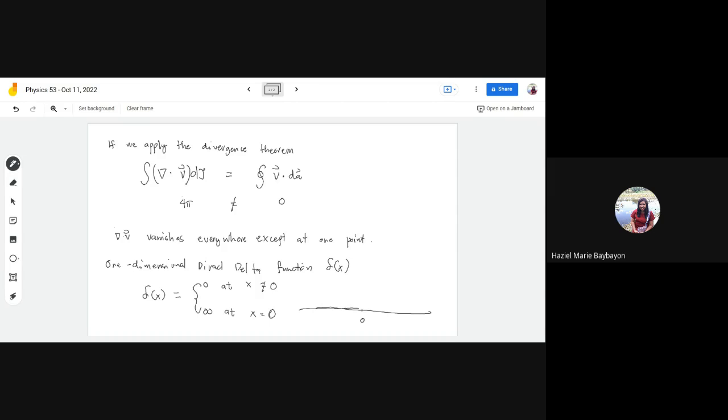So it has an infinitely narrow spike at x equals 0. Okay, so infinitely high, infinitesimally narrow spike. Let me just write it in red: infinitely high and infinitesimally narrow spike.